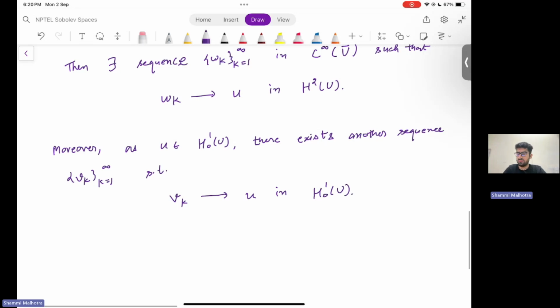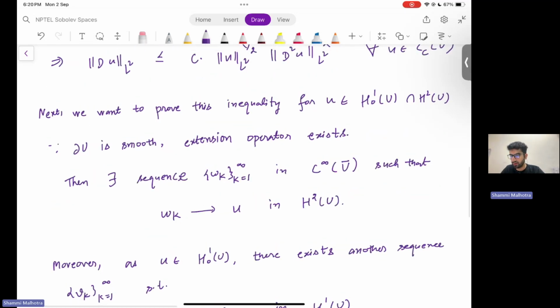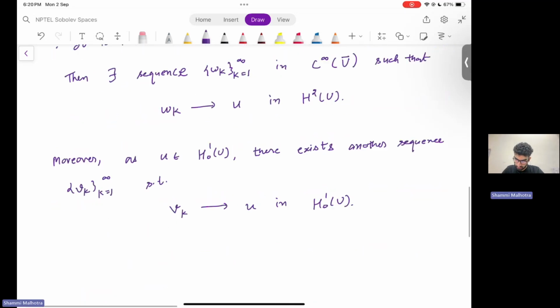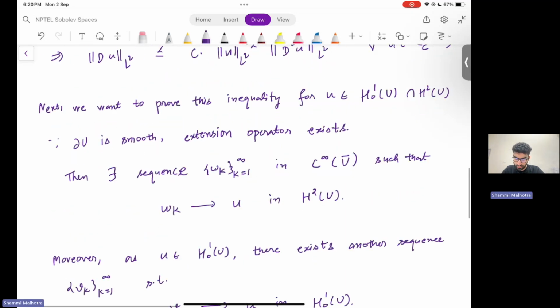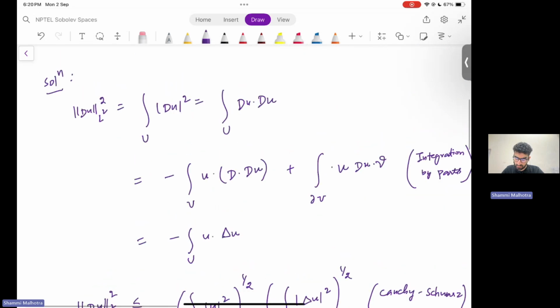So we have two sequences, and somehow we have to use the inequality which we have derived for C_c infinity functions. The crucial thing to observe to prove the inequality for H naught 1 intersection H2 functions is that when we proved the inequality for C_c infinity functions, the boundary term vanishes only if u is zero.